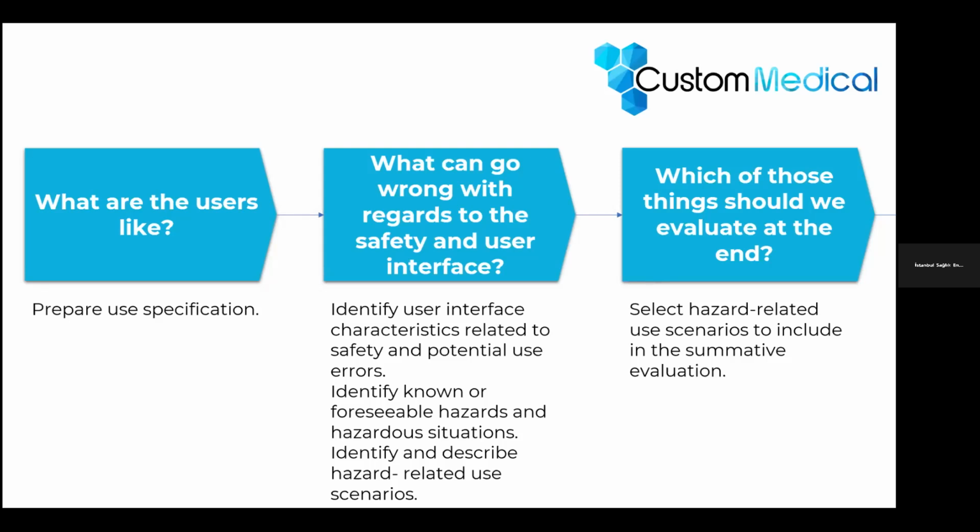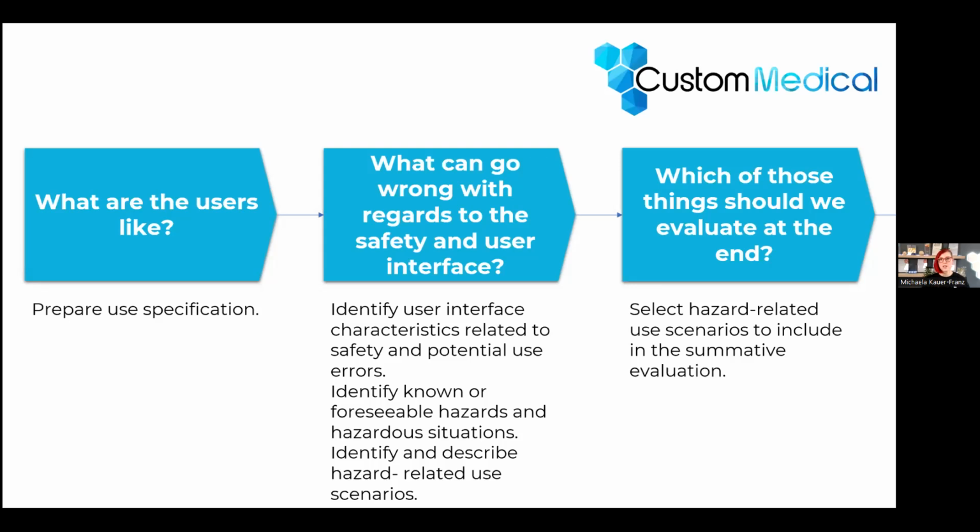You can make appropriate selections of hazard-related use scenarios by 3 means. The first, and probably the easiest version for rationale, is you can just select every hazard-related use scenario, and you can test every hazard-related use scenario that you identified.